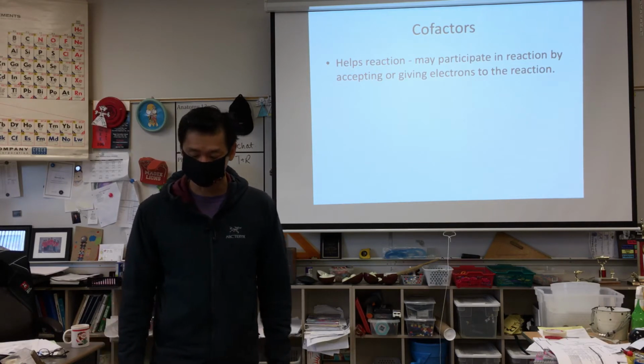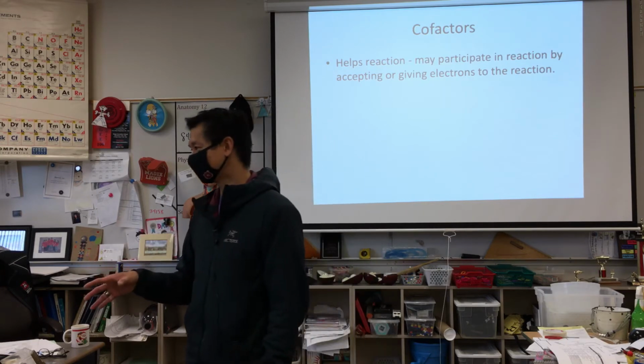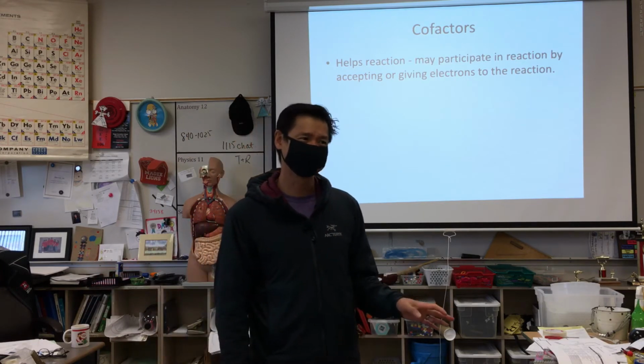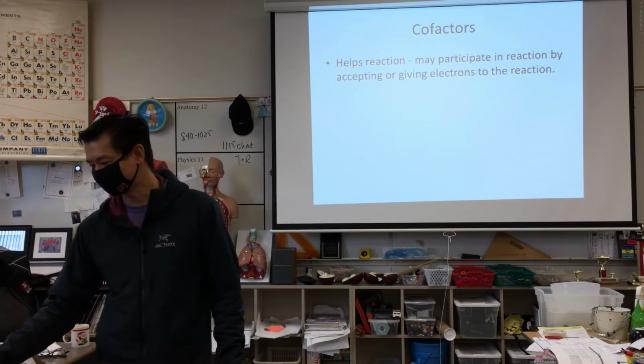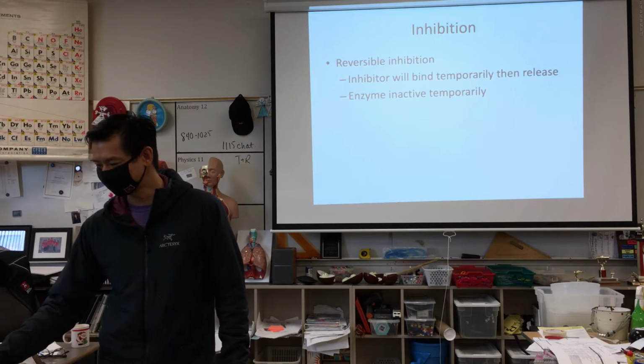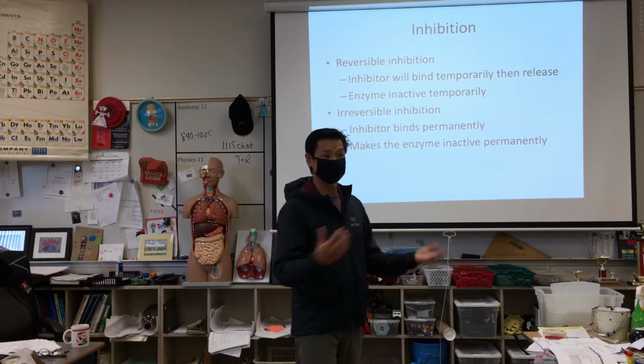Last time we talked about inhibition, reversible and irreversible. I didn't really mention it to the first class, so I put it in the notes. Reversible means that it can be undone.